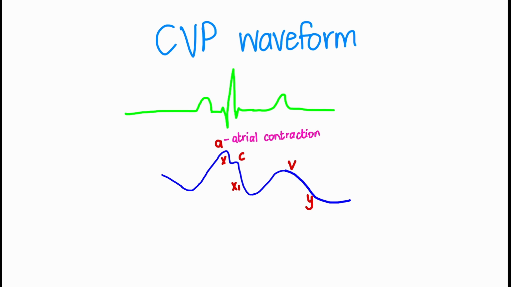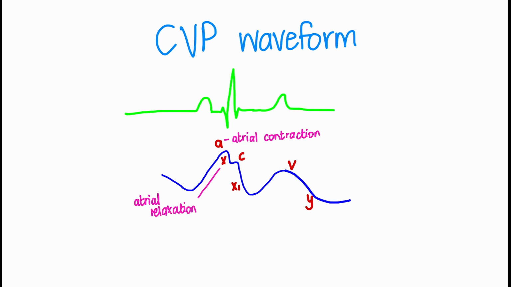As this continues and the blood goes from the atria to the ventricles, our tricuspid valve will close. And that little bit of pressure that goes back now to the atria when that valve closes will create this small little bulge there, a smaller positive represented by C. As the pressure goes down, as the blood leaves the atria into the ventricle, it's represented by that downslope of X. And remember, I said it's divided into 2 sections.